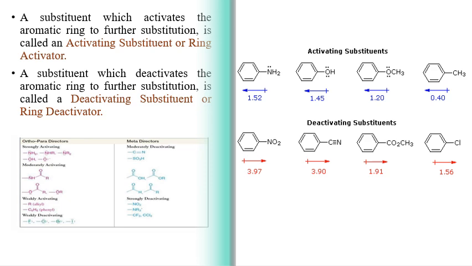The substituent which deactivates the aromatic ring to further substitution is called a deactivating substituent or ring deactivator. Examples of activating substituents are amino group, hydroxy group, methoxy group, and deactivating substituents are nitro group, cyanide group, and the chlorine group. These are all examples of deactivating substituents.